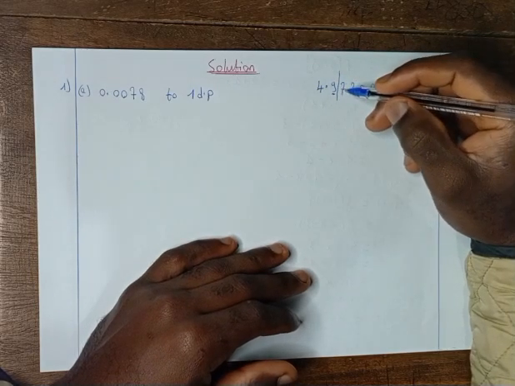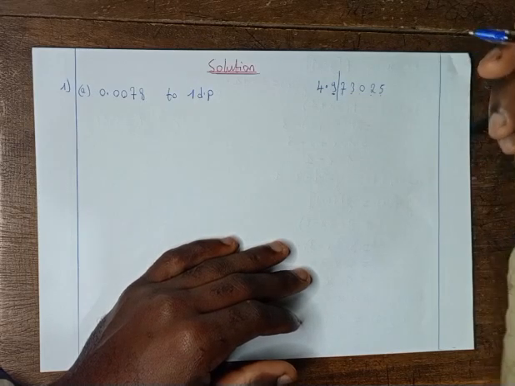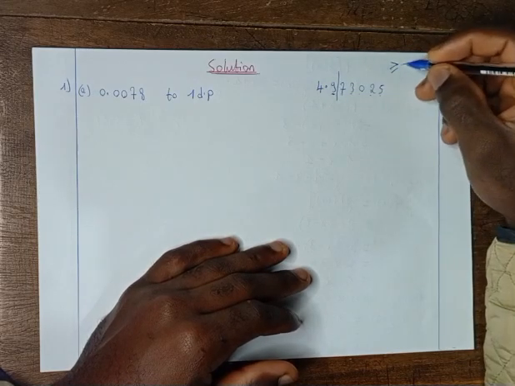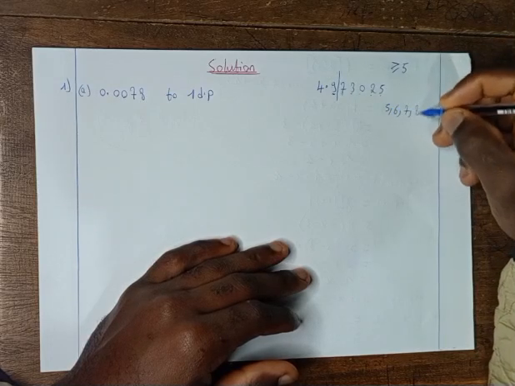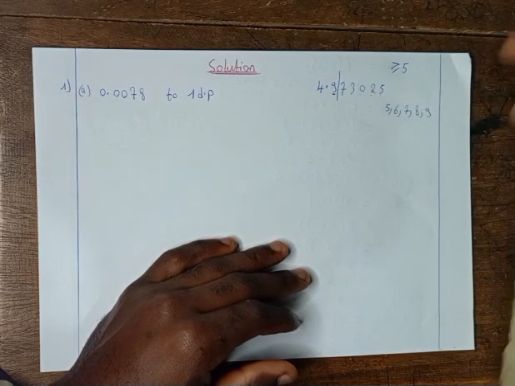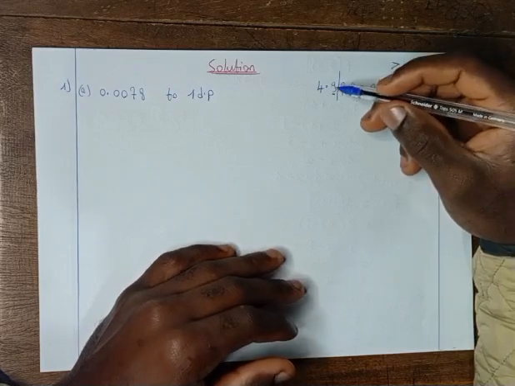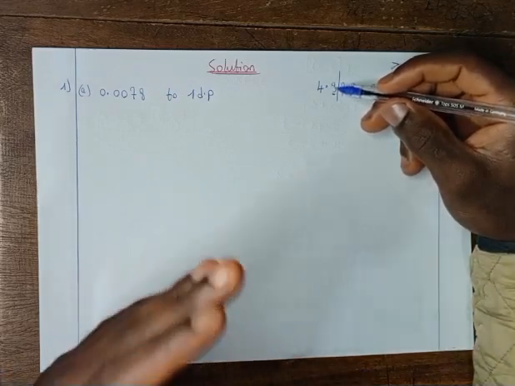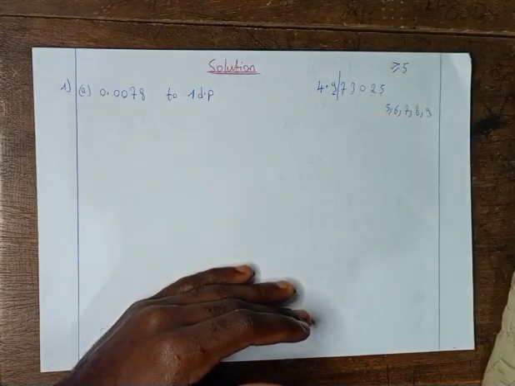And the digit which comes immediately after the vertical line, if the digit is greater than or equal to 5, that means the digit is 5, 6, 7, 8, or 9, it is rounded up to 1. Then we add the 1 to the digit that comes before the vertical line. Then we replace all the other digits with zeros.